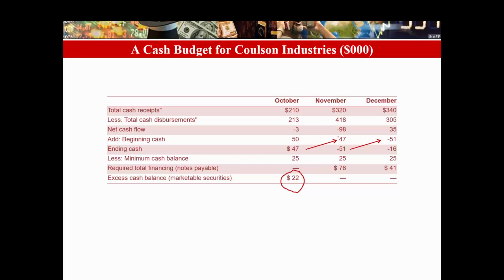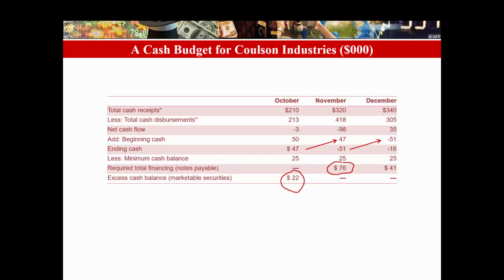Now, with $98,000 of negative cash flow, we have a minus $51,000 of ending cash. Since we also need to maintain $25,000 of minimum cash, this means that in November we will need $76,000 of financing to sustain our operations and maintain the $25,000 minimum cash requirement.